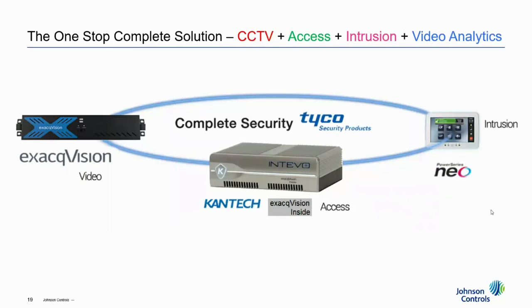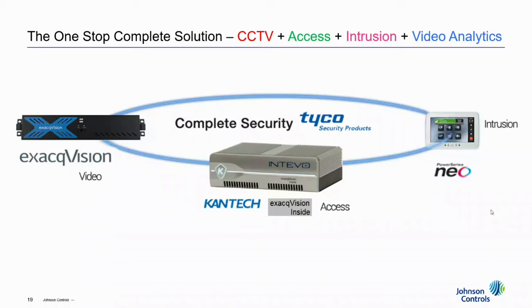For KANTECH, we also have a one-stop complete solution. The other time I presented that ExactVision has integration with KANTECH, and both products are able to reside in the same box. Similarly, for KANTECH, we also cross-sell ExactVision.